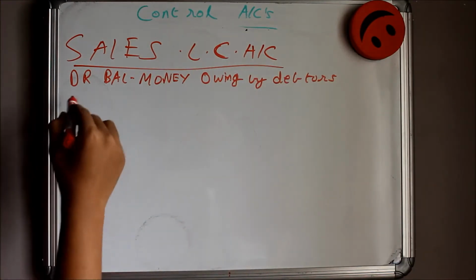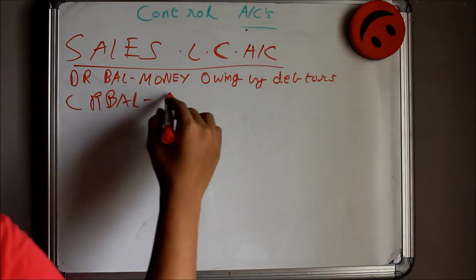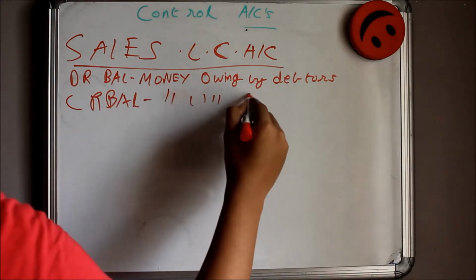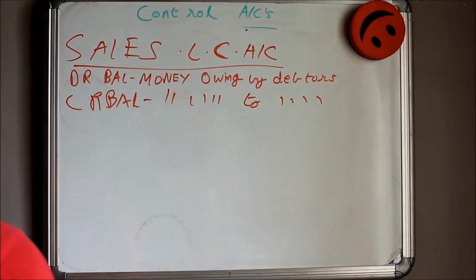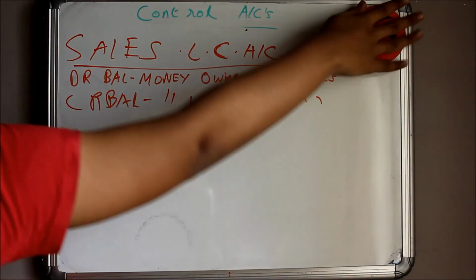And the credit balance represents, which is very rare, money owing to the debtors. This is very rare, it rarely happens. Most of the time the debit balance is there. So anyway, this was just a little fact which I wanted you to know about.